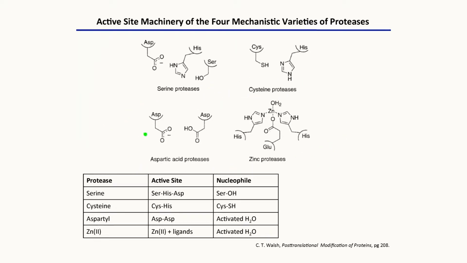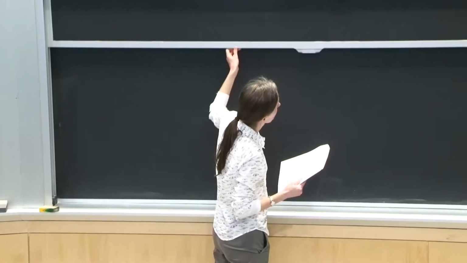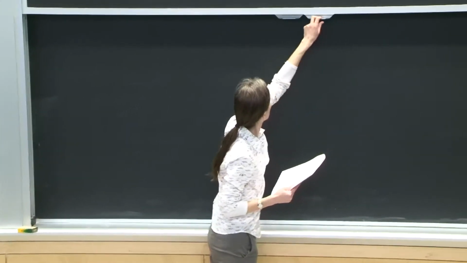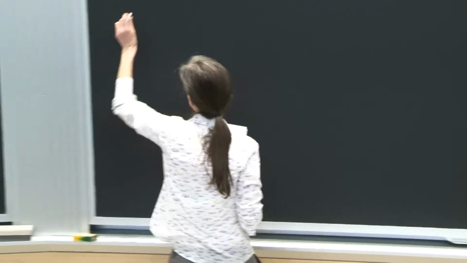The aspartic acid or aspartyl protease has two Asp residues. And here we have an example of a zinc protease where we see a single zinc ion coordinated by two histidines, and in this case a glutamate and a bound water. Okay, so if we think about just the covalent versus non-covalent catalysis.